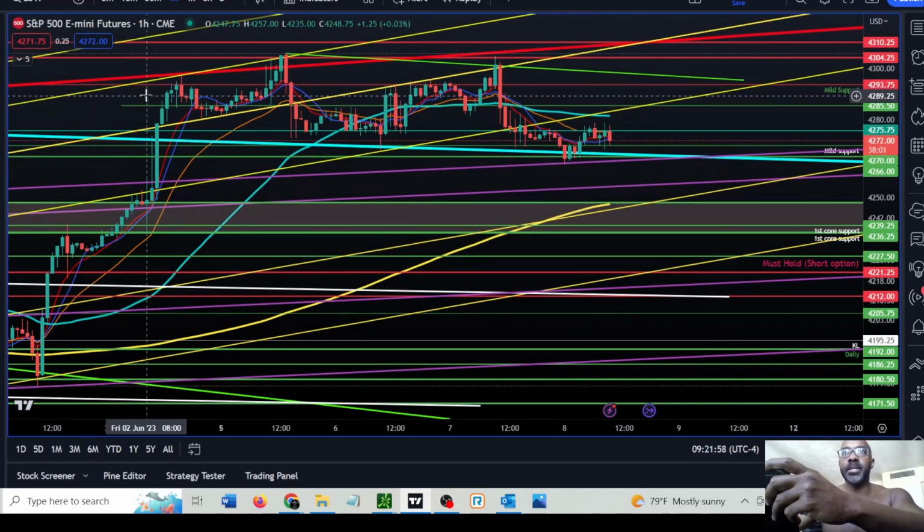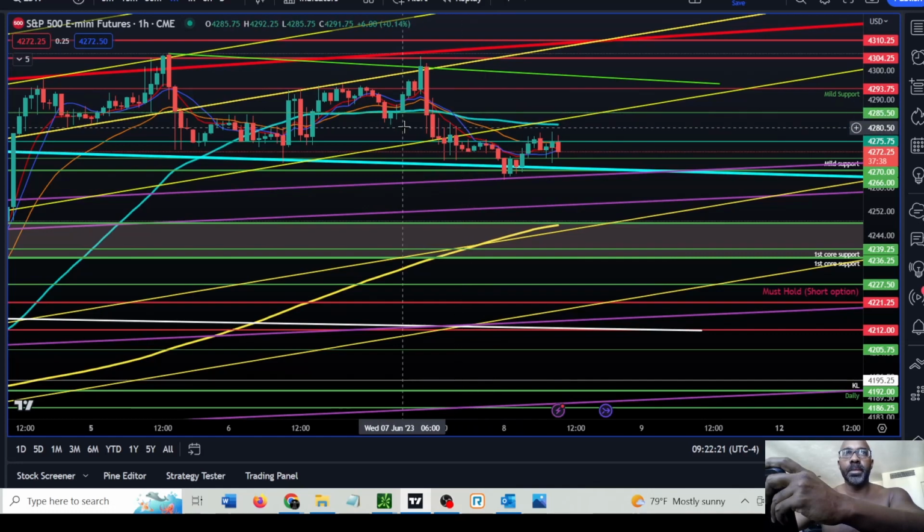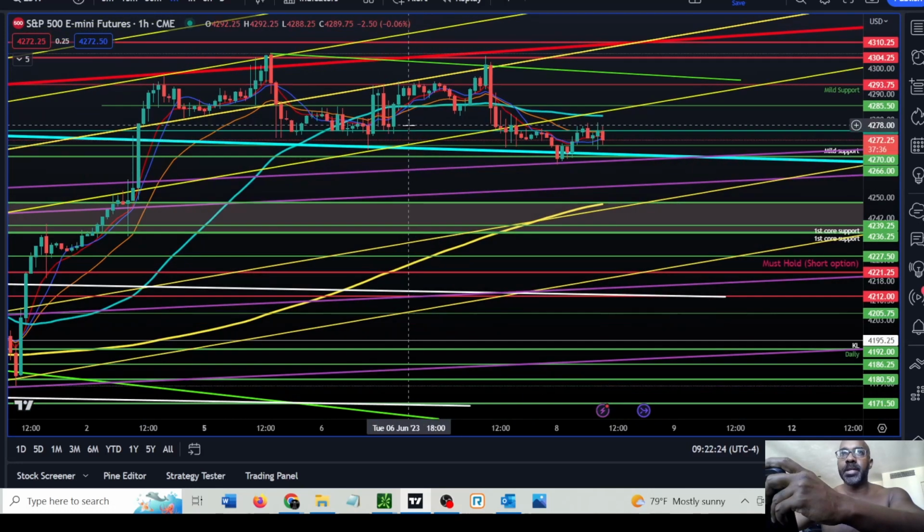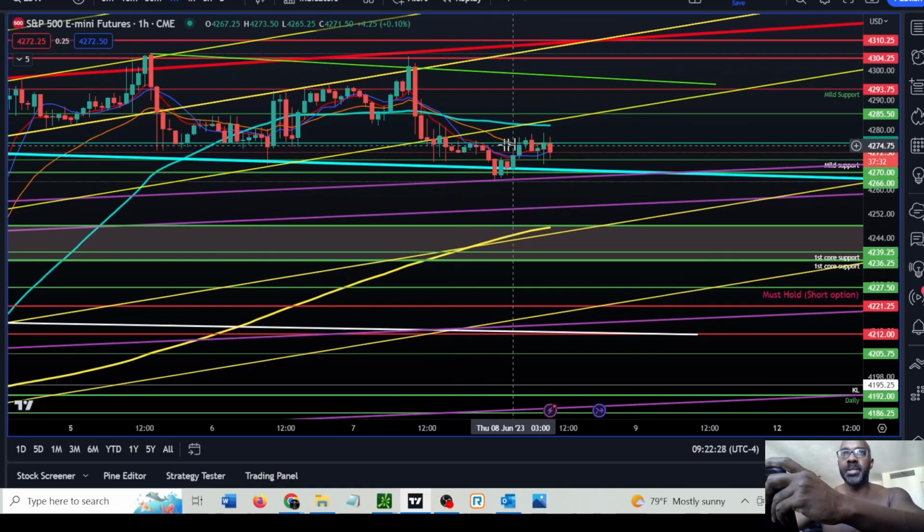If I try and go back even more, I see areas where it touched as resistance and areas where it touched resistance and support. But for me, 4293 looks more clear as a resistance. Resistance, resistance, resistance. And 4275 to me looked like a clear support, which would be now resistance.